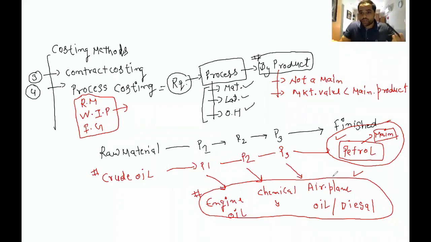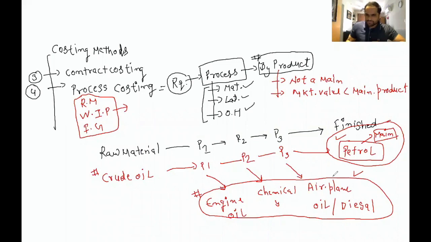Of course, we do not need to produce petrol if engine oil is more profitable for me. Engine oil has more demand in the markets compared to petrol, right? So a byproduct is not a main product, and of course its market value is lower than the main product.